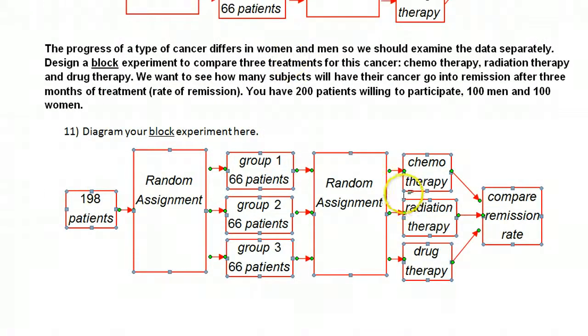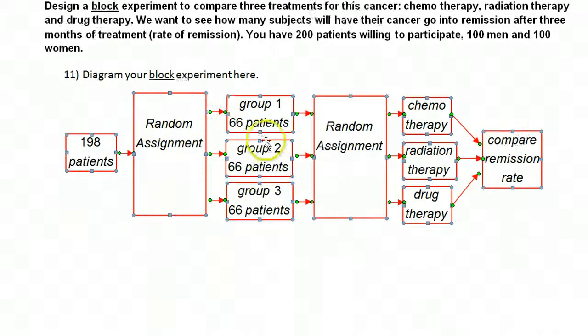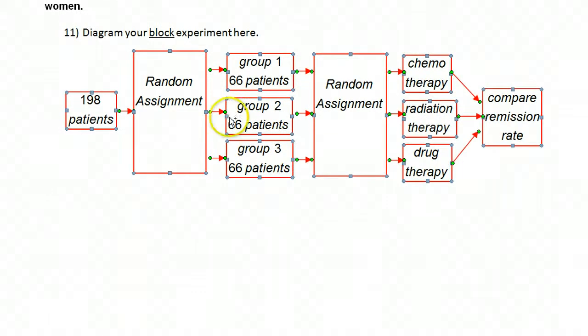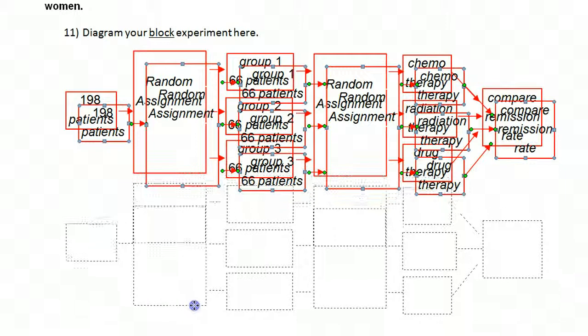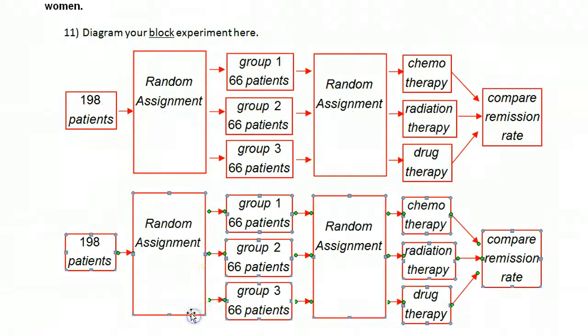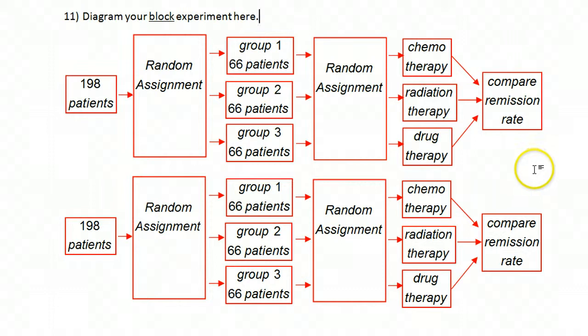We're basically going to be running this experiment twice simultaneously, once for women and once for men. So as I'm cutting and pasting, I might as well cut and paste it again, because I'm going to need one block for men and one block for women.